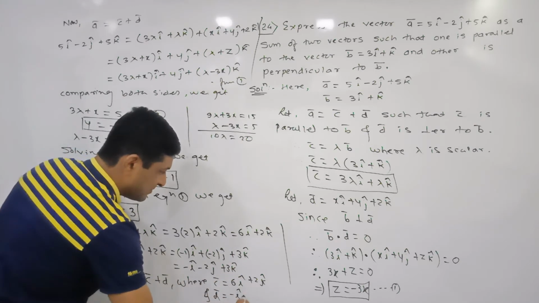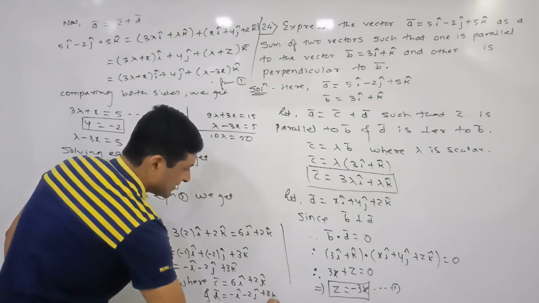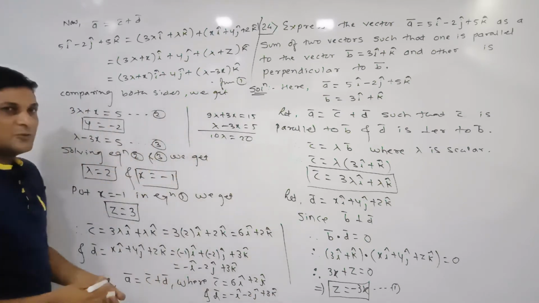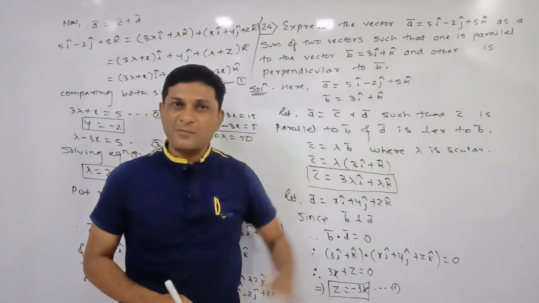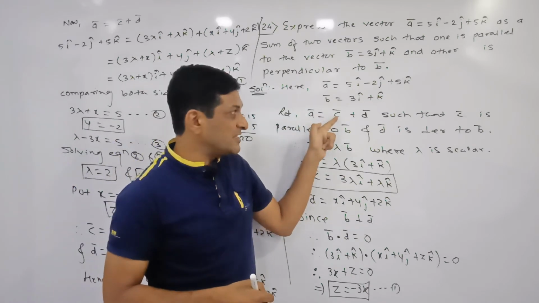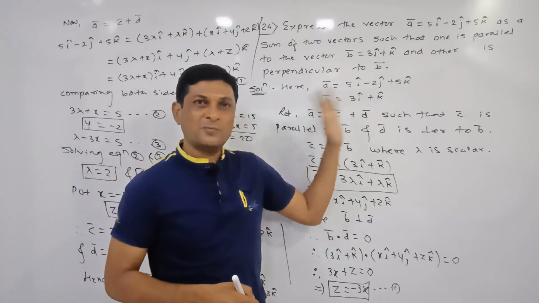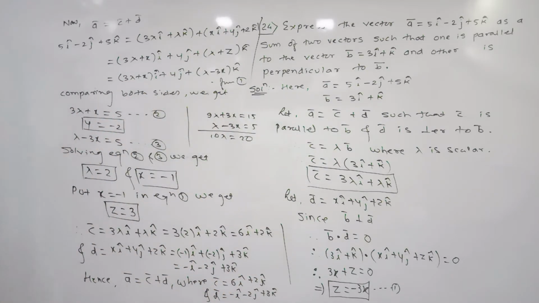Minus i cap minus 2 j cap plus 3 k cap. In this way we are expressing this vector A bar as sum of what? Two vectors, satisfying this condition that C bar is parallel to B bar and D bar is what? Perpendicular to B bar. So this completes the solution.